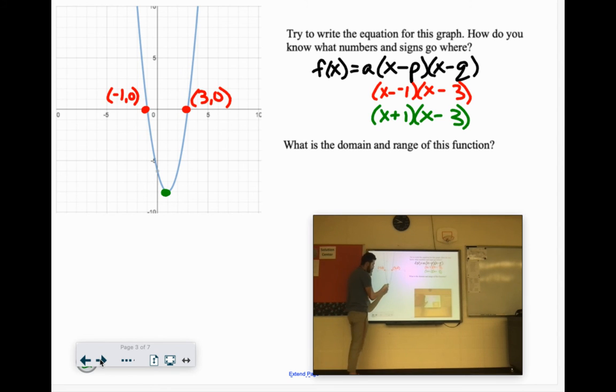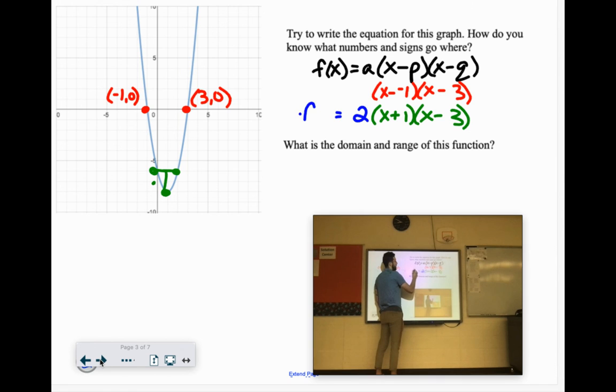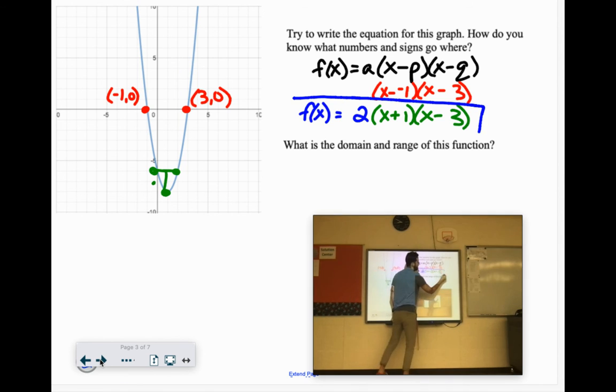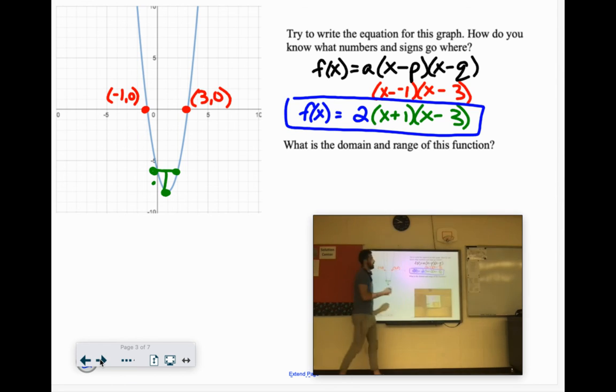So if I went up 1 over 1, I'd be over here, not quite on my parabola. So this is up 2 over 1. That means we're going to have a stretch factor of 2. And we know it's positive because it is a U-shaped parabola. It would just make it negative 2 if it was upside down.